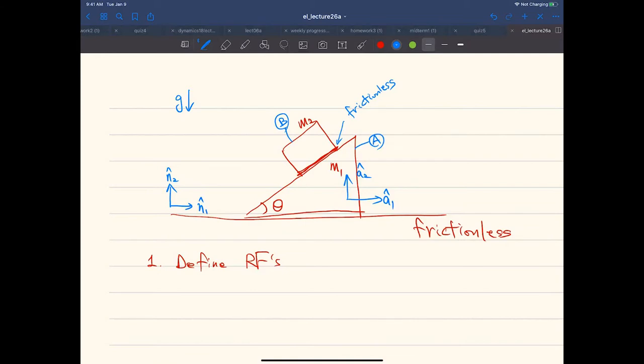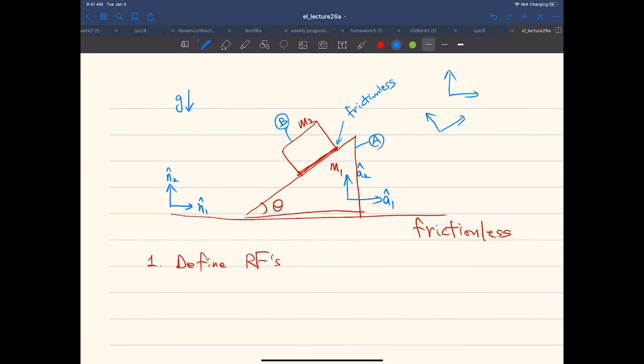One possibility is you use the same orientation like this, or maybe you want to align it such that one direction of the triad is aligned with the slope. So which do you think is better or easier? The second one, aligned with the slope, yeah.